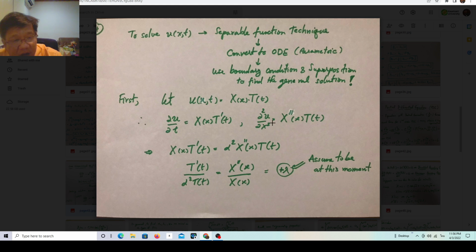The same way we can analyze the second order. When you want to find the second order derivative of u with respect to x, the capital T with respect to t becomes a constant. Therefore, you find the second order derivative of the function of x, the second derivative of capital X with respect to small x.